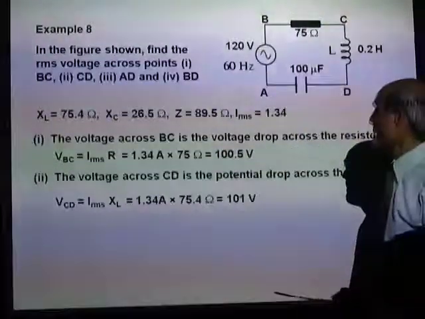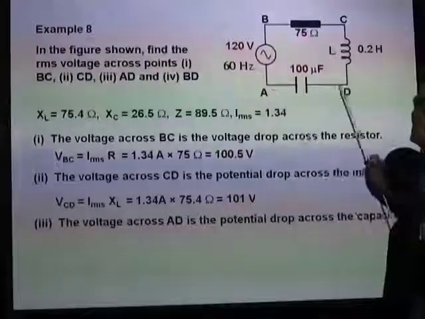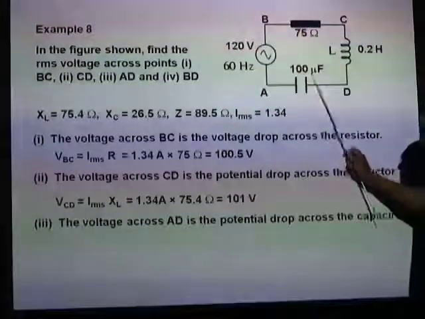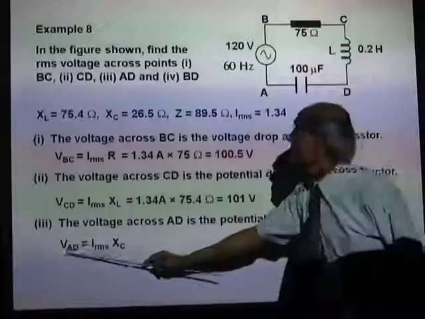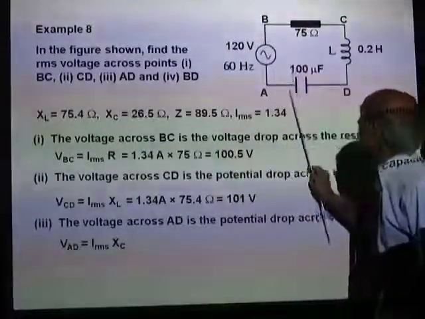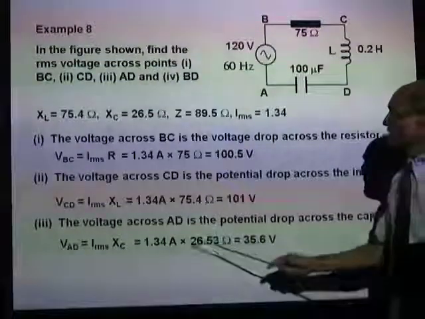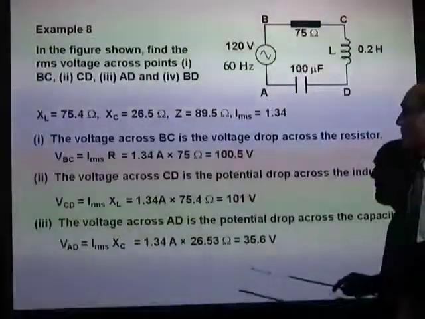We have those values. Similarly, the voltage across AD is the potential drop across the capacitor. VAD is IRMS times the reactance of the capacitor. We have all those values.